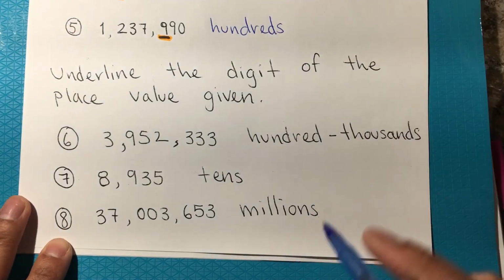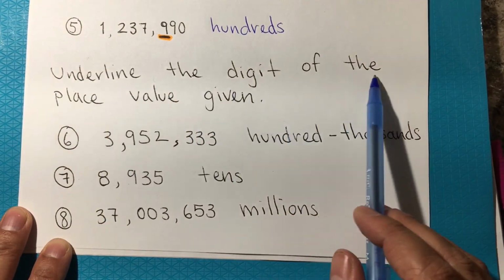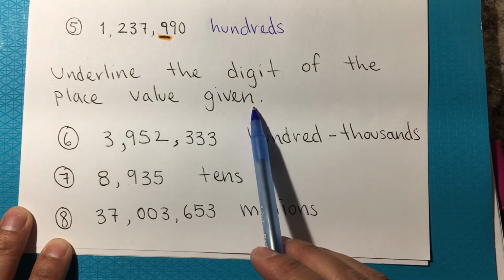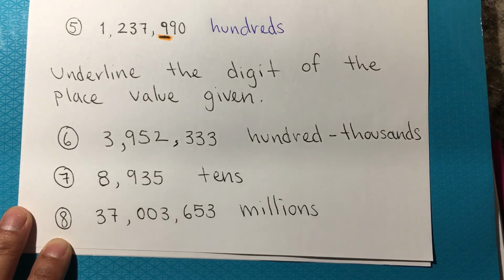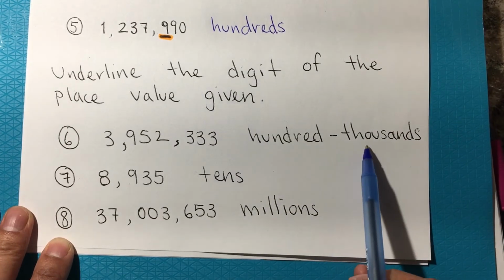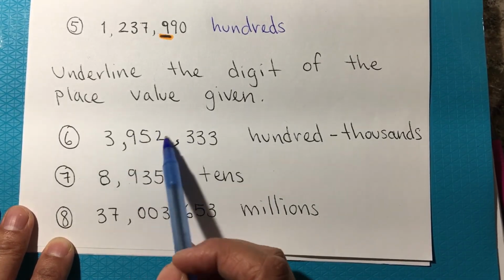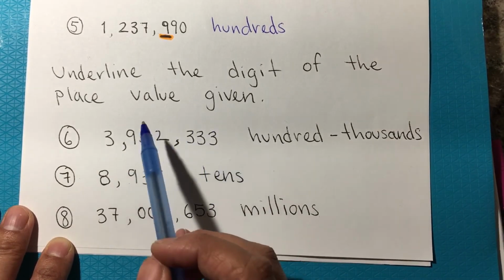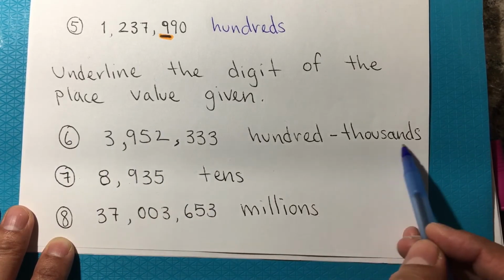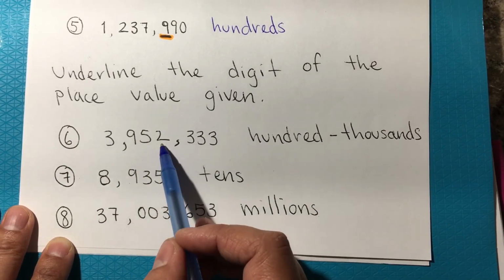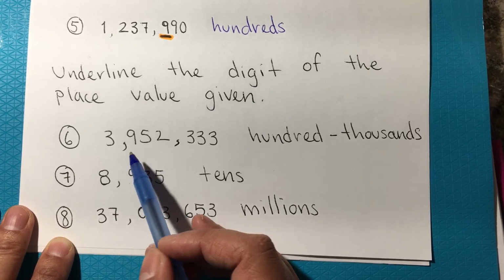Okay, for the next section, it says underline the digit of the place value given. So 100,000, we go to our chart, or we can just say, oh, thousands is the second, not the one on the right, but the second one. See, nothing, thousands, millions. So it's thousands, and 100,000 will be this one.